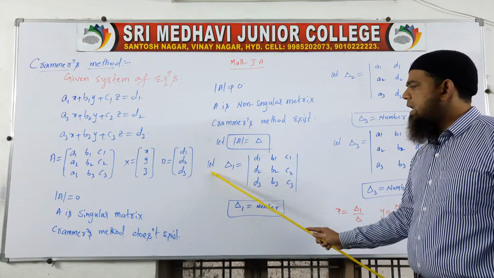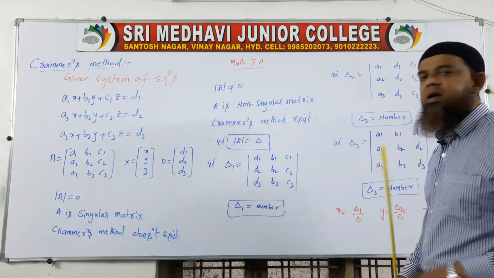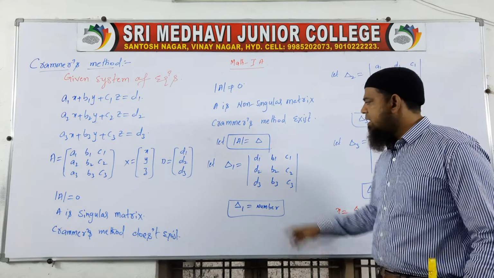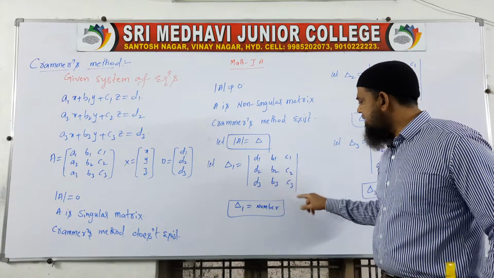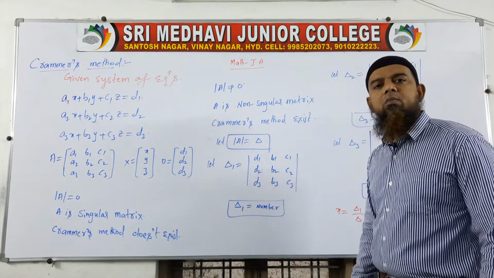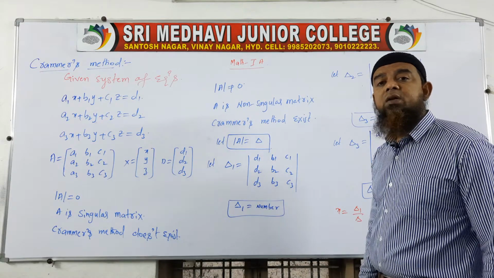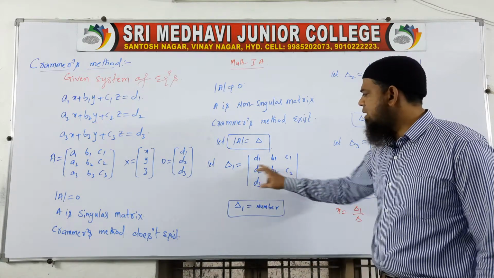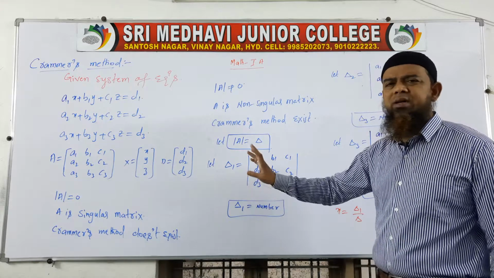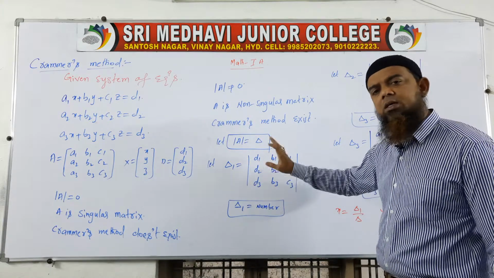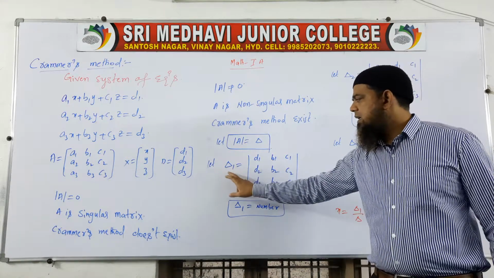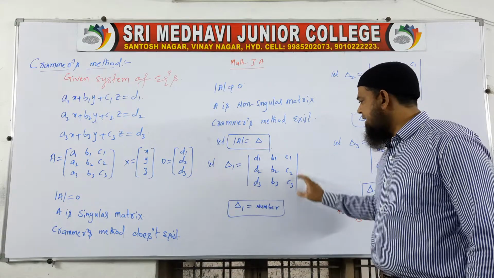Then first determinant I am taking. As I said before, whenever you take two straight lines like this, that is called a determinant. Like modulus only, but don't read it as modulus, read it as determinant. Let delta 1 be the determinant.